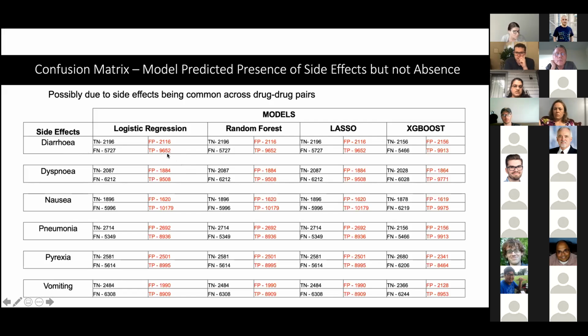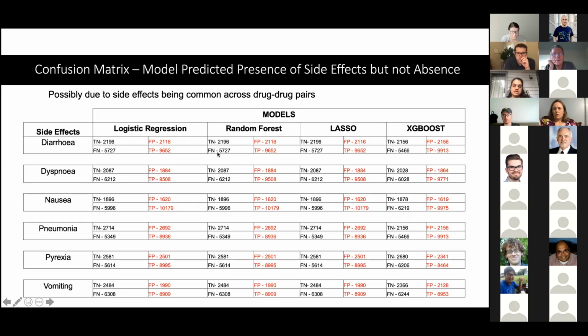But it also falsely predicted 2,116, and also falsely predicted 5,727. Basically, the higher the true positive and true negative, and the lower the false positive and false negative, the better the model.